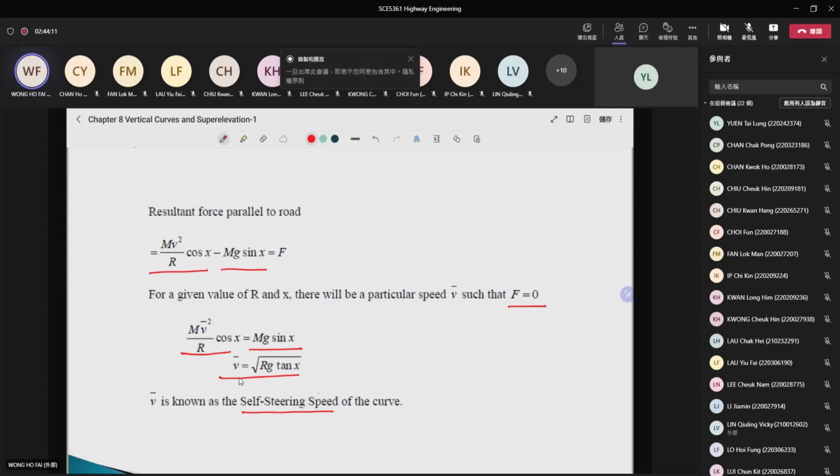Because the forces just balance each other. However, if you have a speed larger than V bar, the self-steering speed, then the F will be larger than 0. Because actually the centrifugal force will be larger than the self weight component.